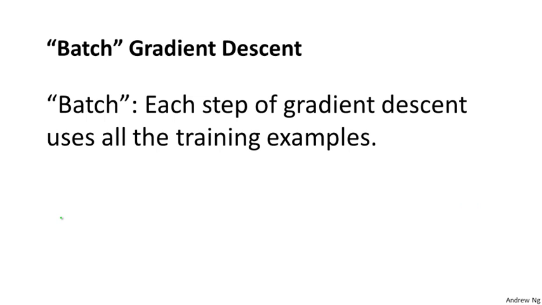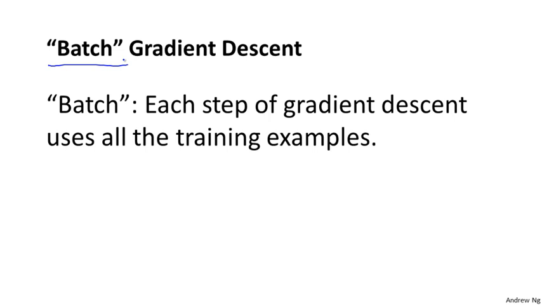Finally, just to give this another name, the algorithm that we just went over is sometimes called batch gradient descent. In machine learning, we're not always great at giving names to our algorithms. The term batch gradient descent refers to the fact that in every step of gradient descent, we're looking at all of the training examples.